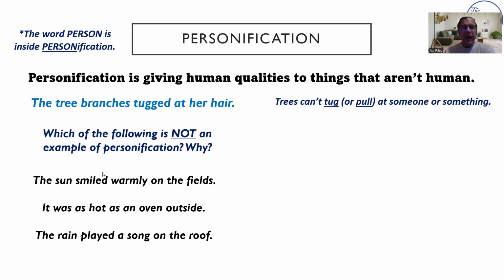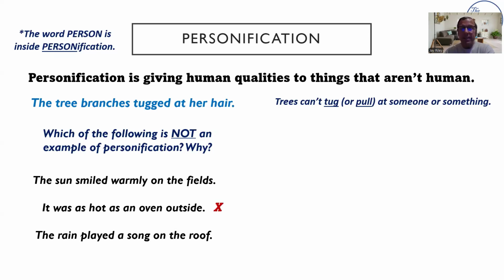So let's take a look at these 3 sentences here, and I want you to tell me which one is not an example of personification and why. The sun smiled warmly on the fields. It was as hot as an oven outside. The rain played a song on the roof. The second one is not an example of personification.